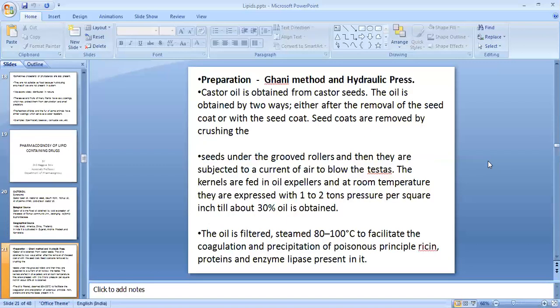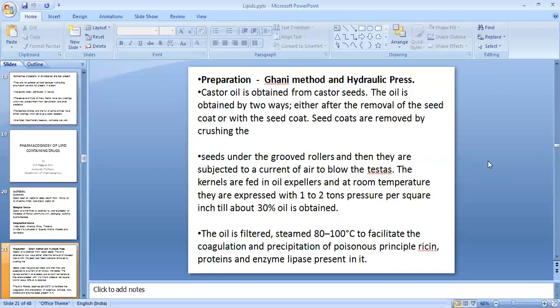And next, when you see the preparation, the fixed oil from the castor seeds can be expressed by two methods. One is the Ghani method and the other is the hydraulic press. You know very well, the Ghani method is the mechanical method where the vessel is driven by bullocks or sometimes donkeys.